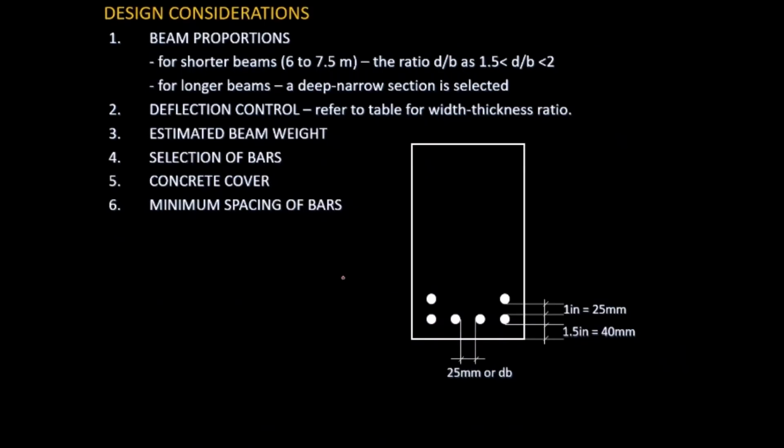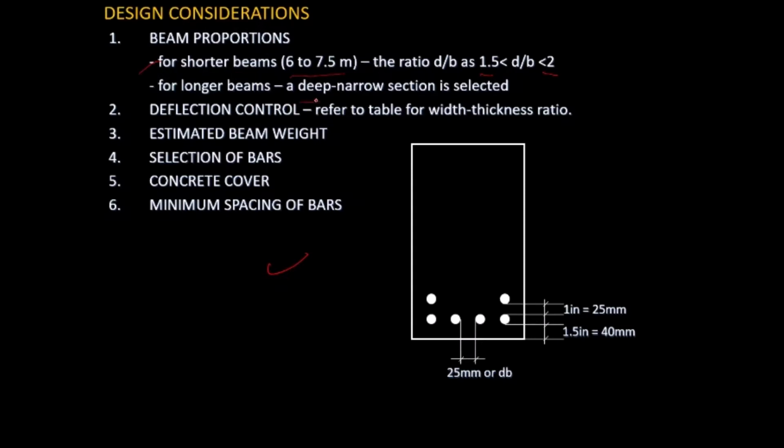So, itong beam considerations for shorter beams, wherein there is 6 to 7.5 meter on span. The ratio D per B can be taken as 1.5 to 2. And for longer beams, the deep narrow section is selected.